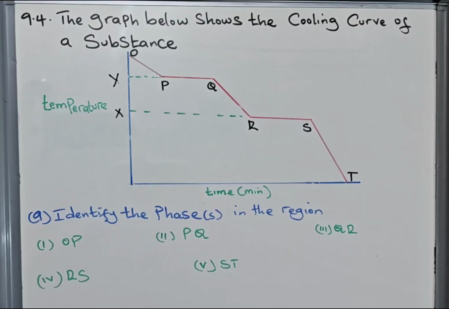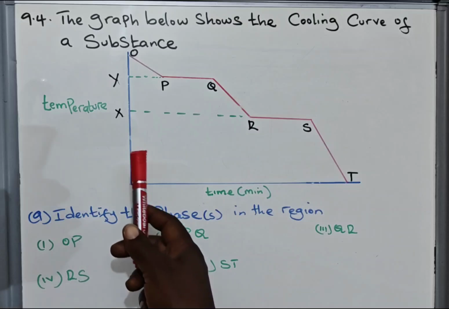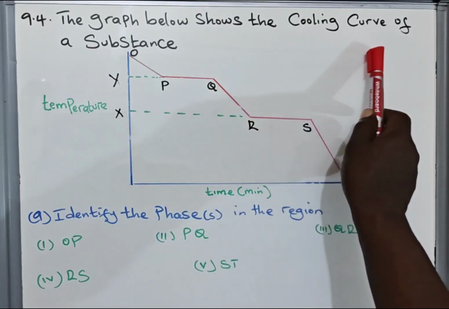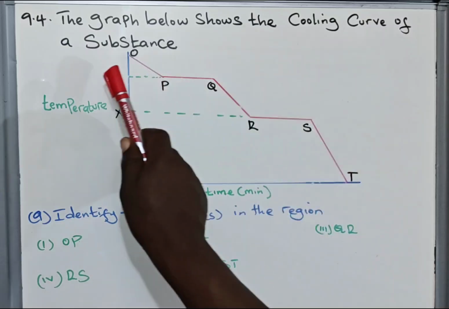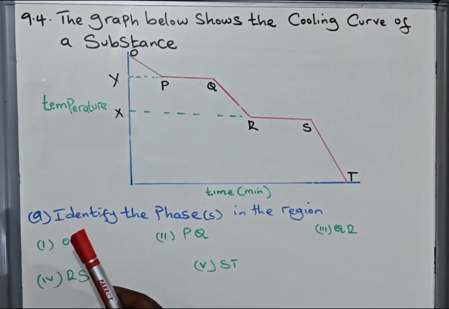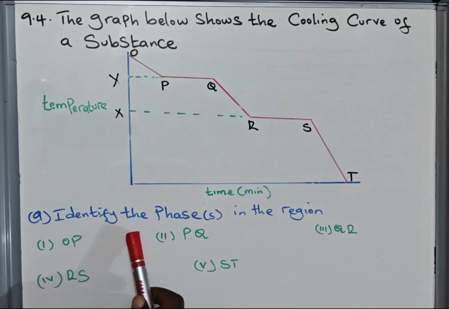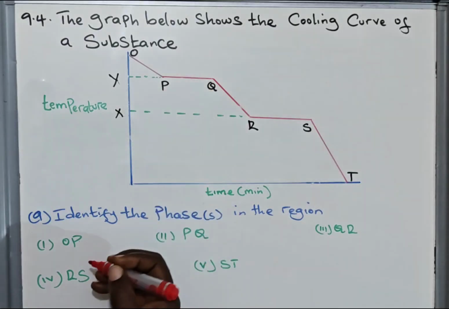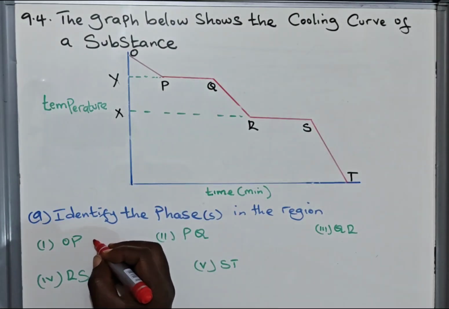Then we come to this question. It says that the graph below shows the cooling curve of a substance. This is the graph. And they say identify the phases in the region OP. What phase is there?